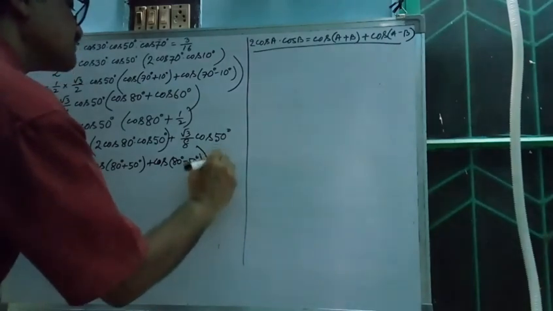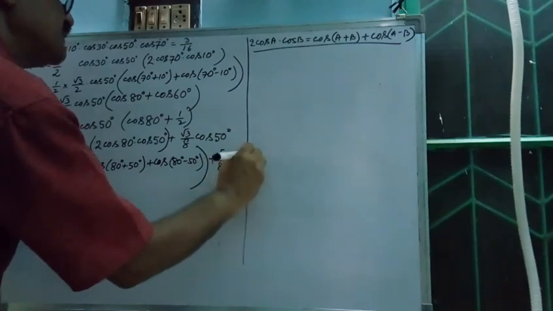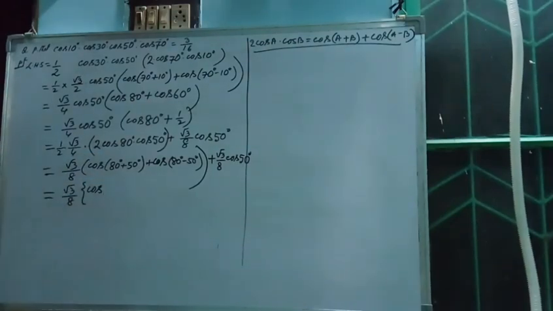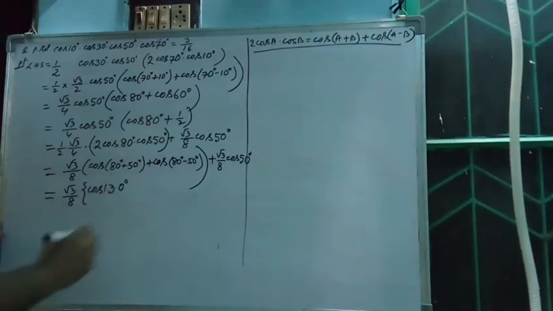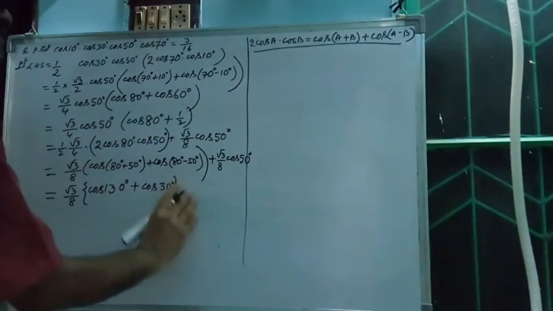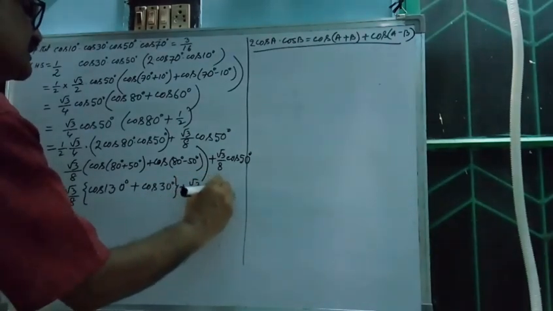Plus √3/8 into cos 50 into cos 50, that is equal to √3/8 into {cos 130 plus cos(80−50)}, which is cos 130 plus cos 30 degree, plus √3/8 cos 50 degree.